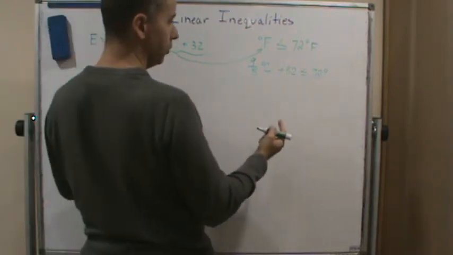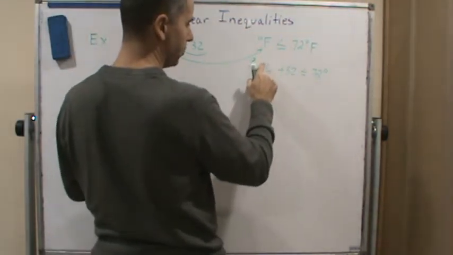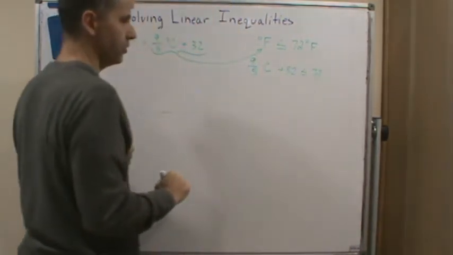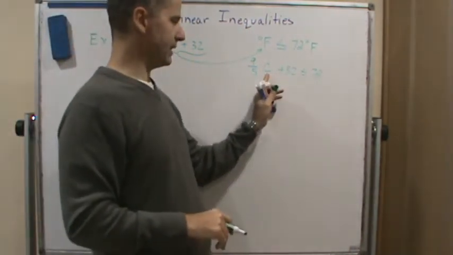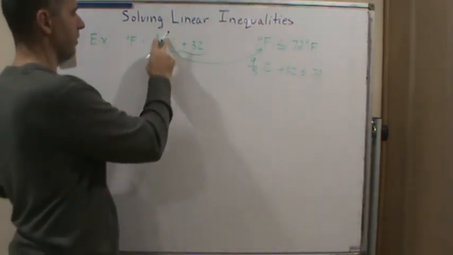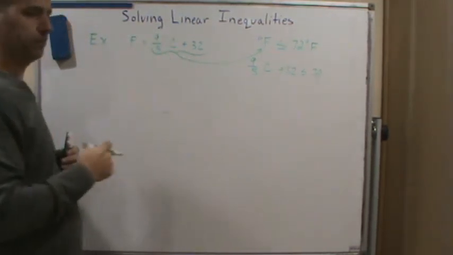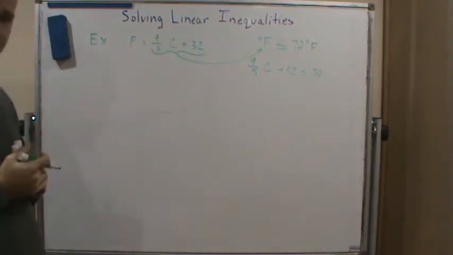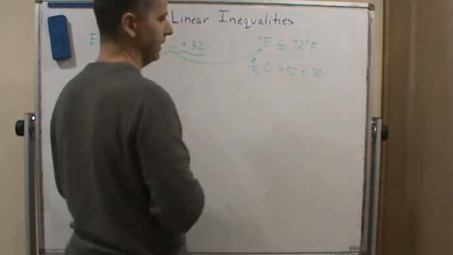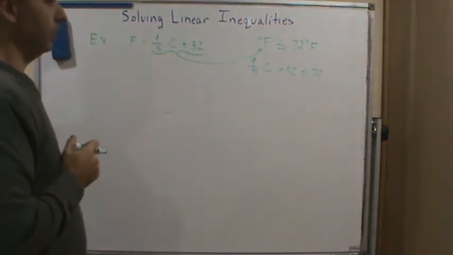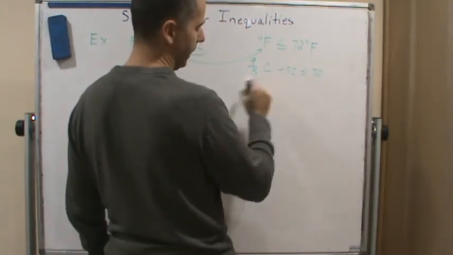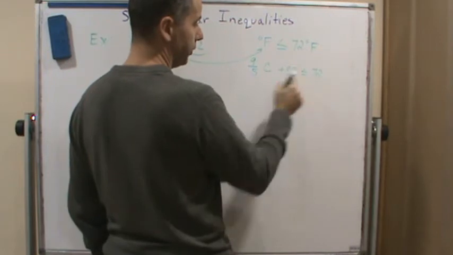I'm going to get rid of the degrees to eliminate any confusion, and just realize that C represents degrees Celsius and F represents degrees Fahrenheit. I think that's less confusing. Now I'm going to solve this for C. The first thing I'm going to do is subtract 32 from both sides.